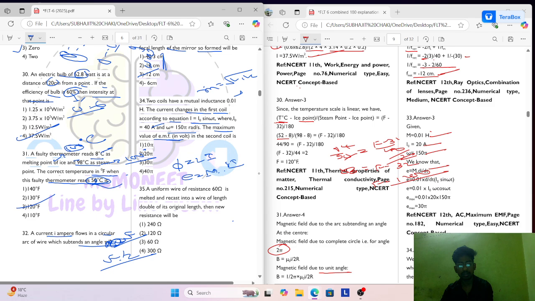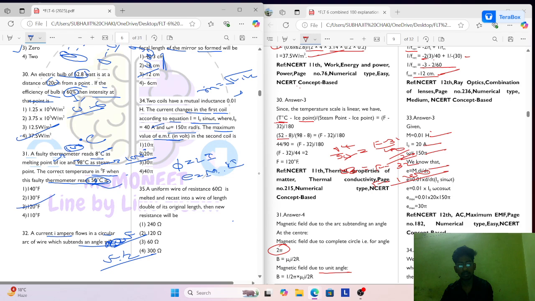In an LCR series resonant circuit, a higher value of the quality factor indicates a sharper peak of the resonance. Quality factor is omega by delta omega, right? So as the quality factor increases, the peak becomes sharper.